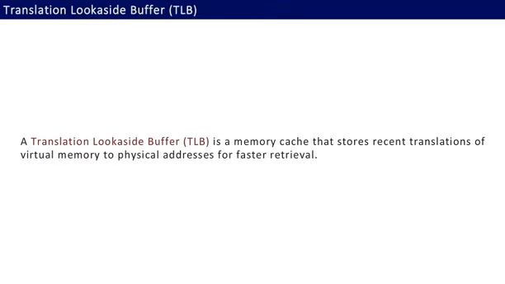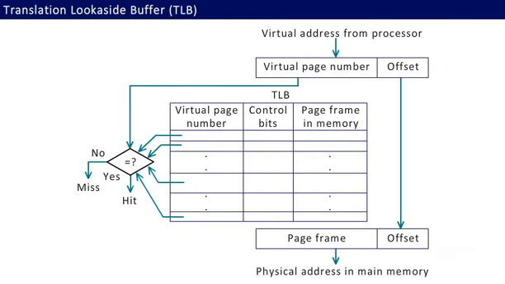A Translation Lookaside Buffer, that is, TLB, is a memory cache that stores recent translations of virtual memory to physical addresses for faster retrieval. The displayed diagram shows a possible organization of a TLB where the associative mapping technique is used.